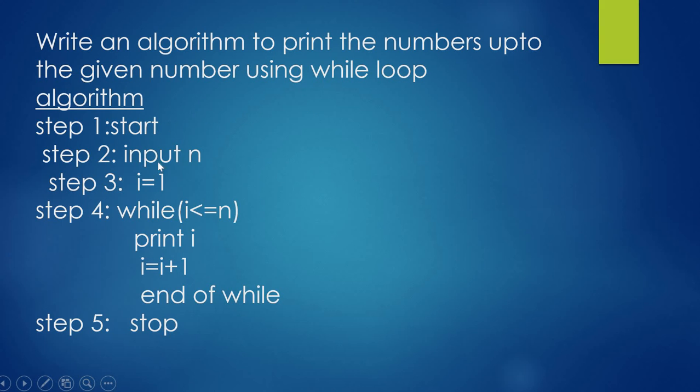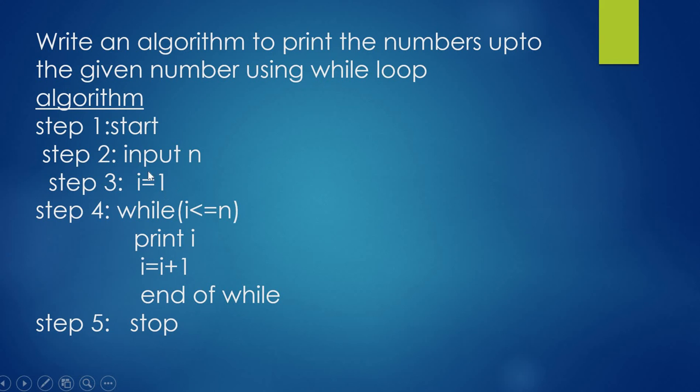Then start. Second step is input n. N is the number. Then in while loop, before starting the while, we need to initialize the iteration variable. Here we start from 1, so the initial value is 1. Here, which is the iteration variable? I is the iteration variable.